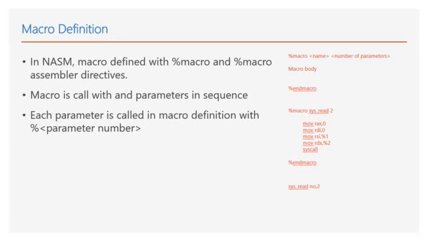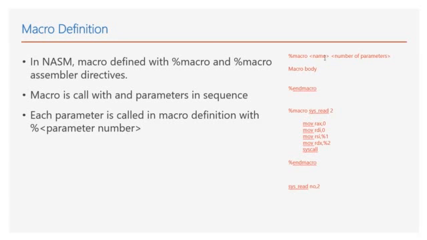Now we'll see how the macro is defined in your program. A macro is always defined with the %macro and %endmacro assembler directives. A macro is called with the parameters in sequence. So whatever number of parameters there are, those are defined in your macro definition.